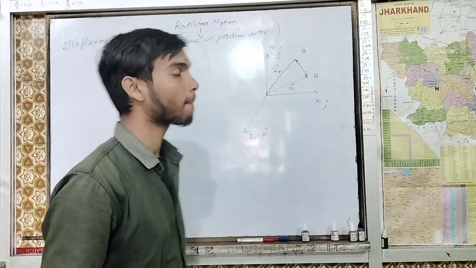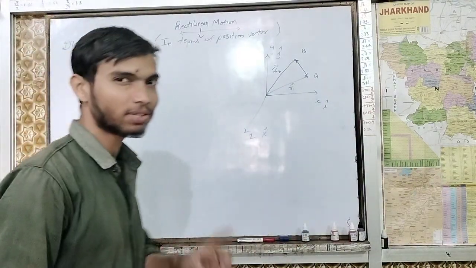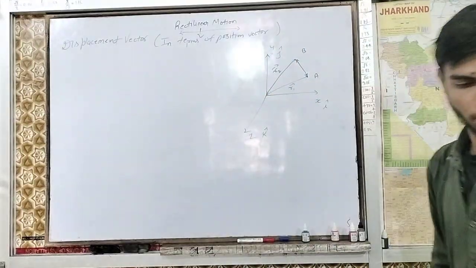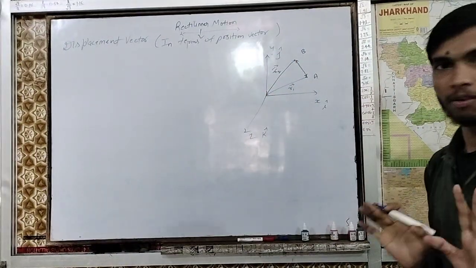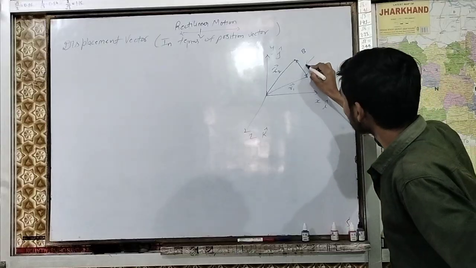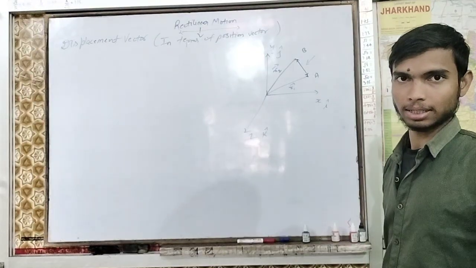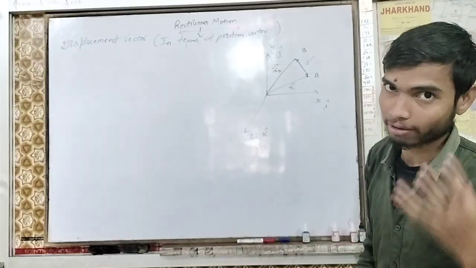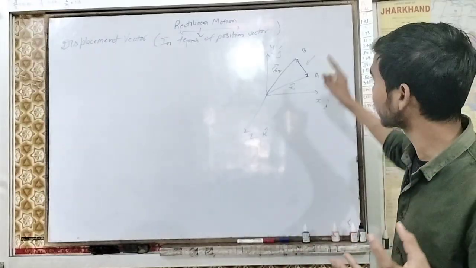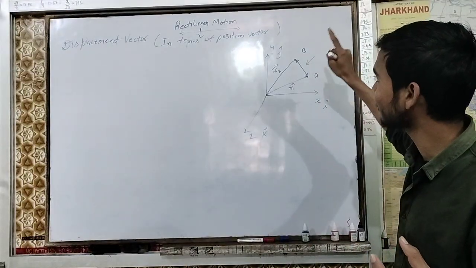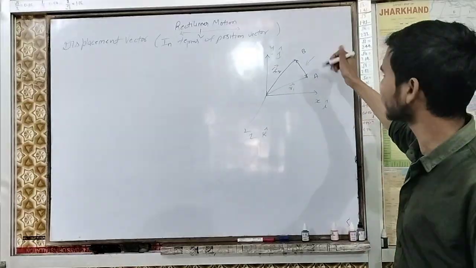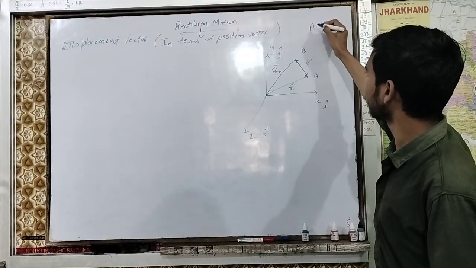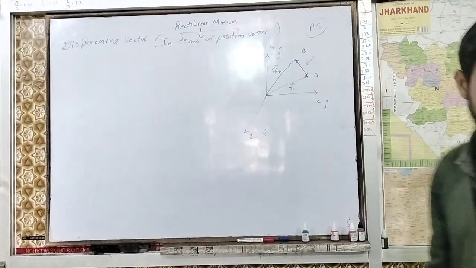Let's see. I think derivation will come into the picture here. Our complete focus will be on this part, and let's calculate this R. Yeah, it is AB. AB is nothing but displacement.